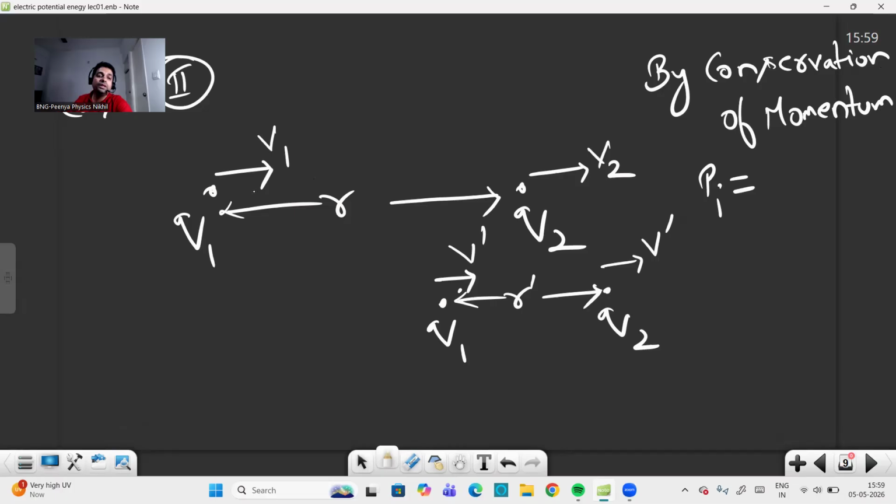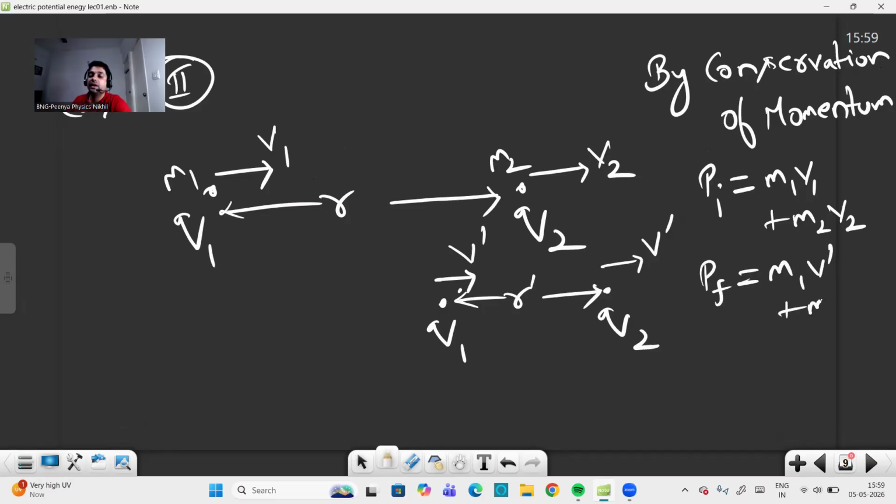Here masses are m1 and m2, so it will be m1 v1 plus m2 v2. And what is the final momentum? m1 v dash plus m2 v dash, correct?